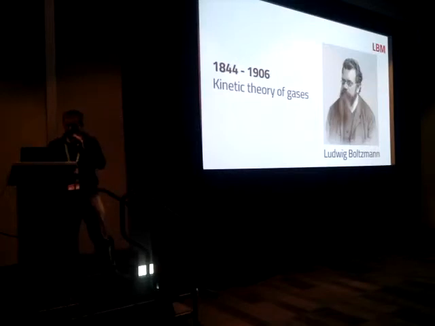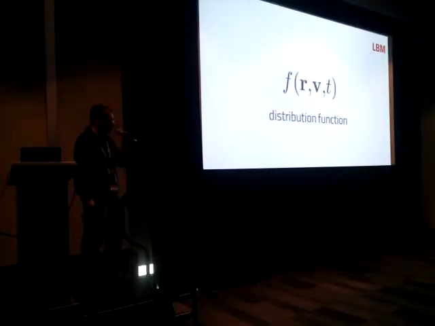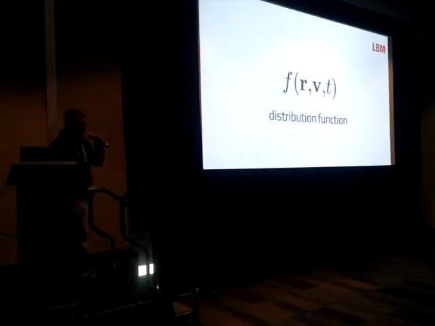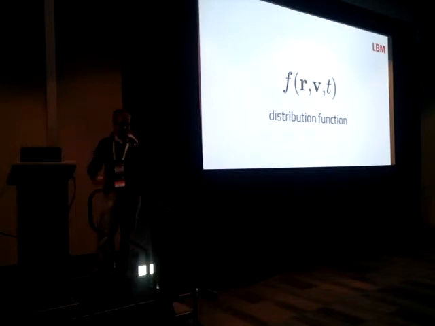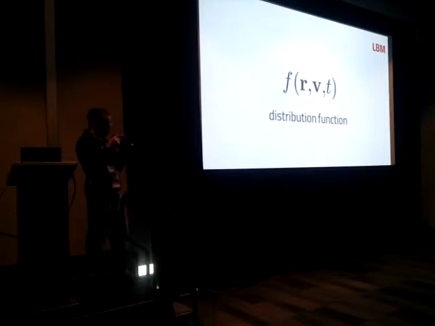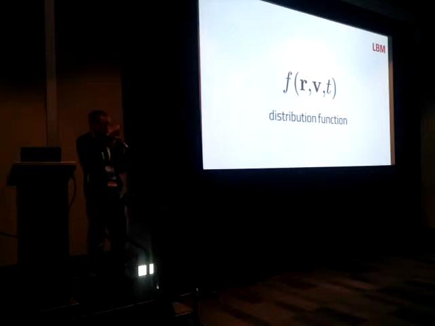So what is the kinetic theory of gases? There is one thing to remember about it that I am able to really give you a few words about today. It's a distribution function. Instead of a velocity field, or instead of particles, we have something in between. What Ludwig Boltzmann did was connect the microscopic world, where we have individual particles, with the macroscopic world where we see all the movement of fluids and gases at macro scale.